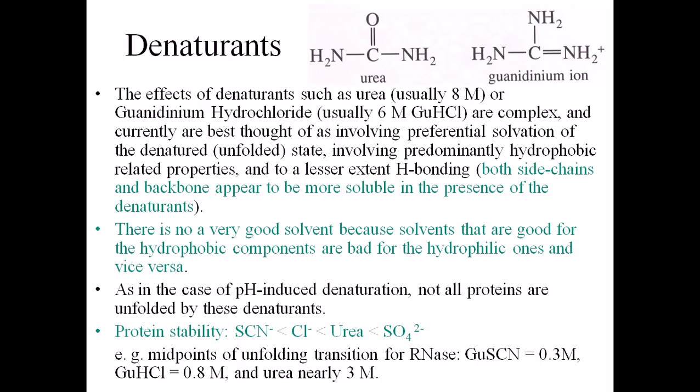Both side chains and backbone appear to be less stable in the presence of the denaturant. There is no very good solvent, that is another very good assumption. There is no single solvent which can stabilize a protein structure. Why?